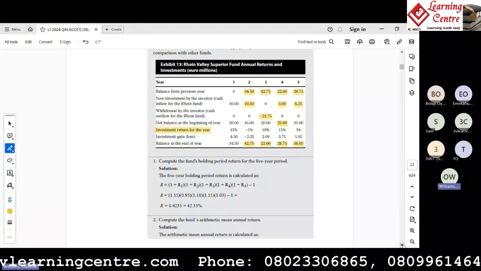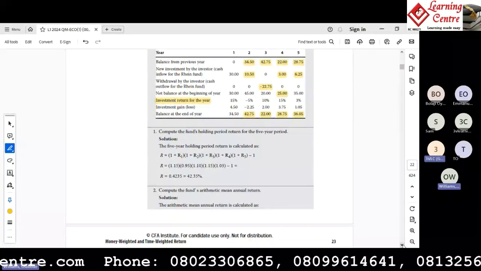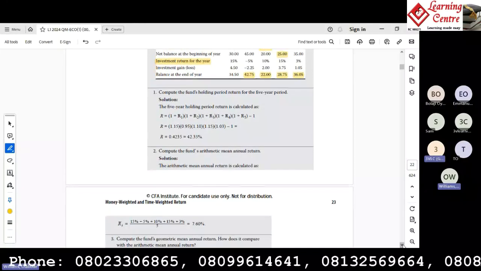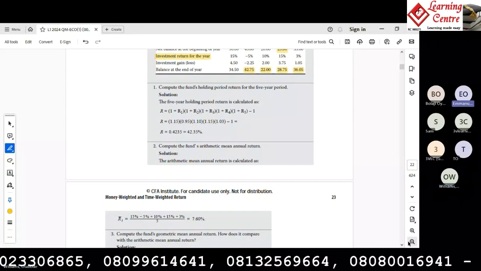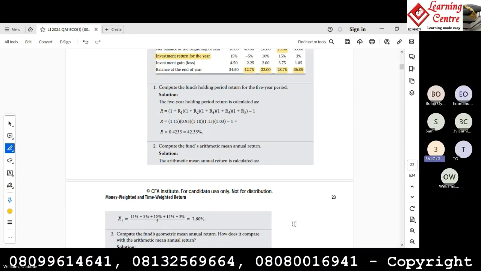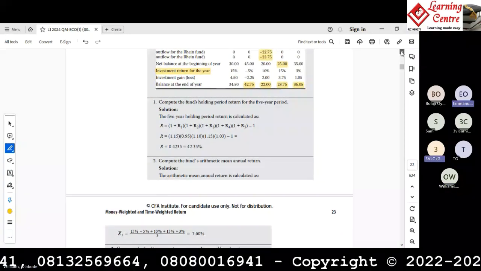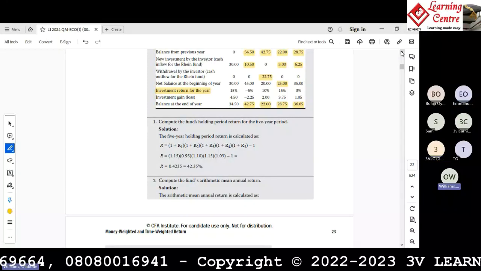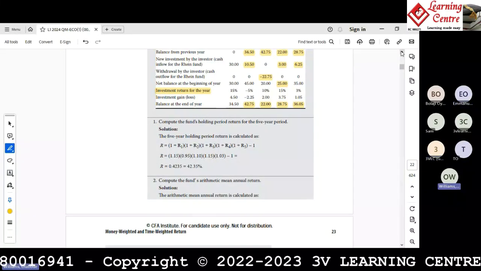Now compute the fund's arithmetic mean annual return. I think this should be easy. You simply add all of that together and divide by 5, which is what has been given here. Okay, but you told us that if we see rates, we should use harmonic mean. If data is given in ratio, yes.